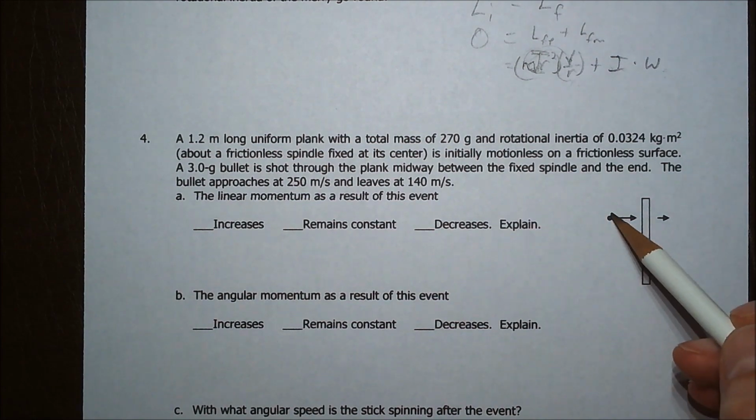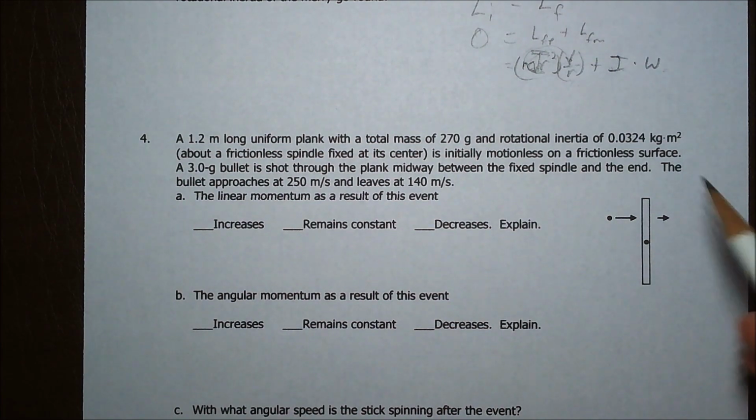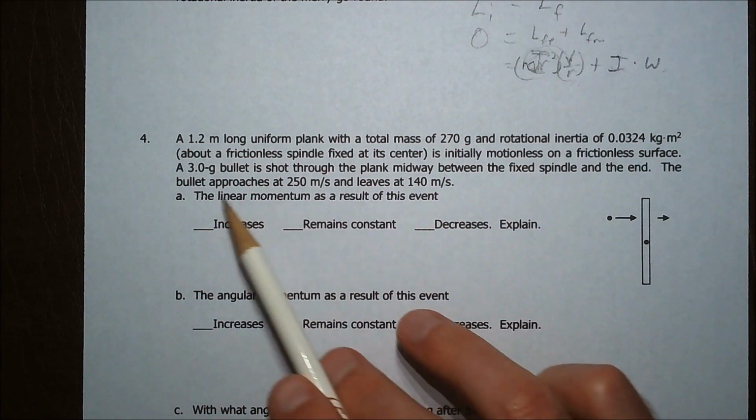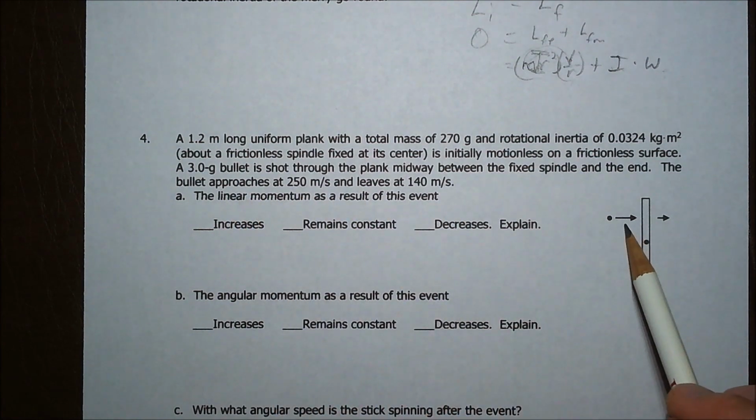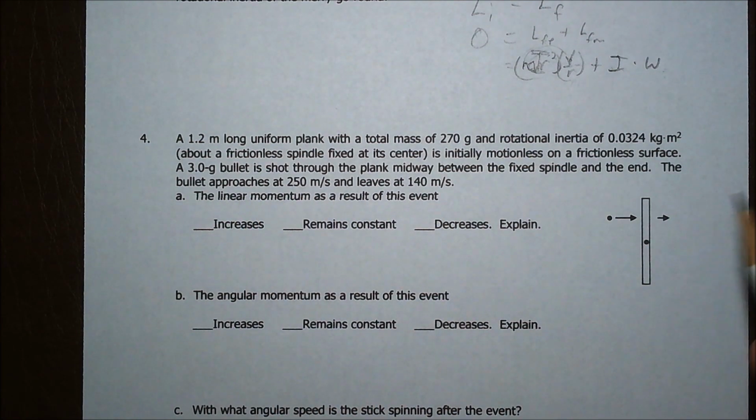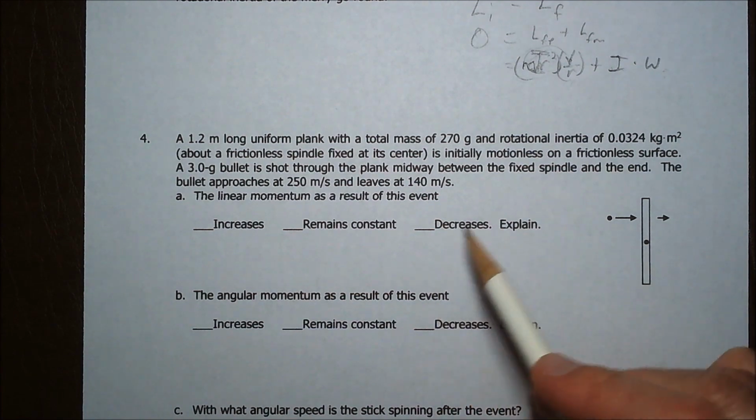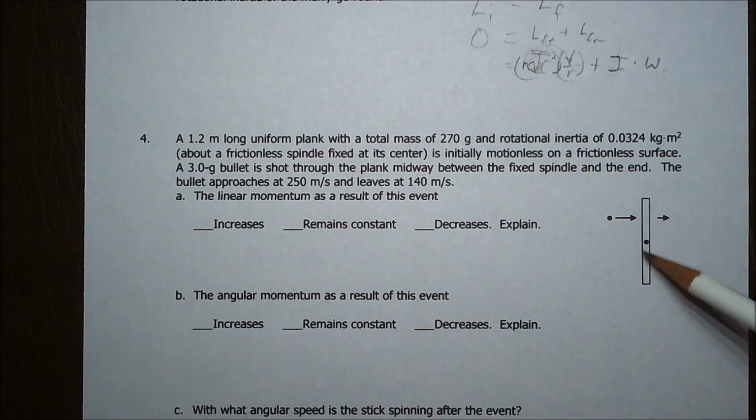The linear momentum of the bullet when it passes through decreases, because it says the bullet approaches and leaves, so it kind of shoots through this board here. That's because there's an external force provided by that fixed pin right there.